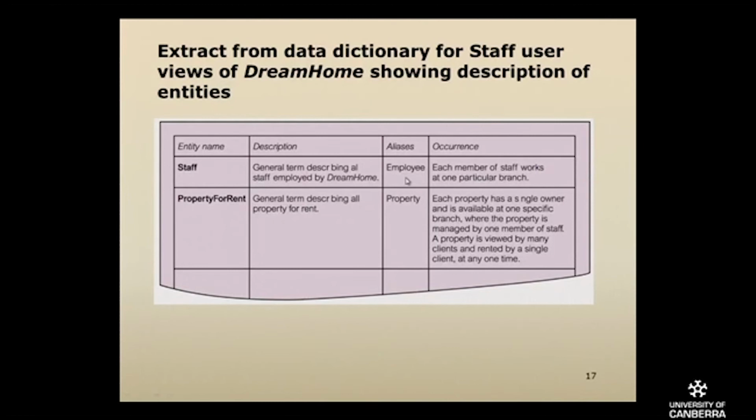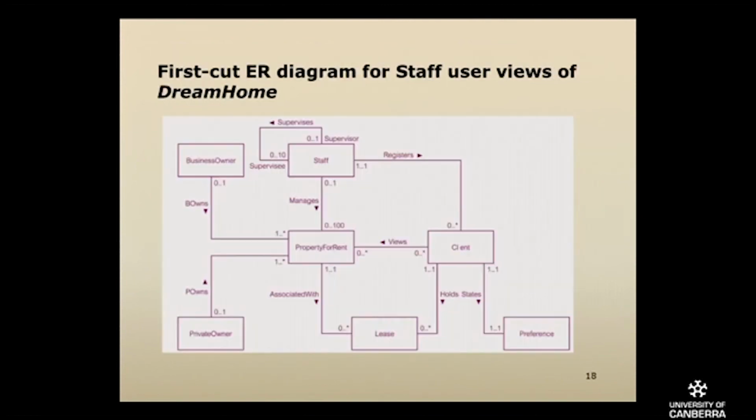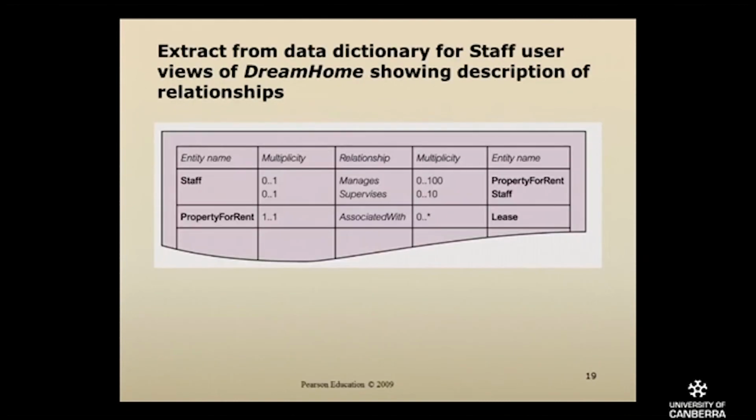Are staff known as something else in this company? Yes, they may be known. In this case, employees and the staff are the same thing, but your entity is the staff. The table relating to that is the staff. So for each entity, you will have a description. You know all the aliases. Fairly easy. Okay. And then you do, of course, your ER diagram, which you've done.